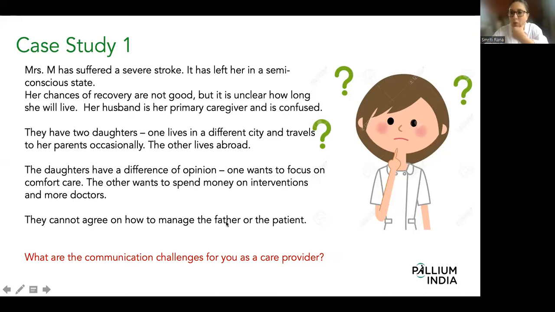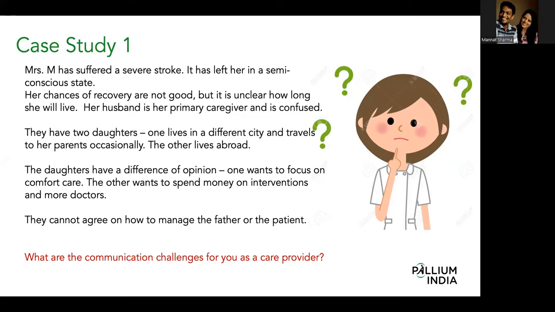Anyone else? If you were handed this family to help, what would you be anxious or nervous about addressing with them? I would like to speak, ma'am. Please. Since we see that the primary caregiver is the father, and the two daughters have similar goals, treating the mother well, but their priorities are different.